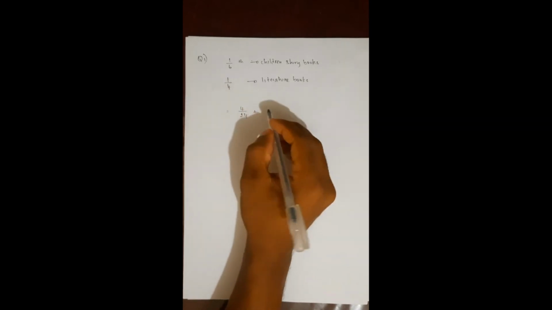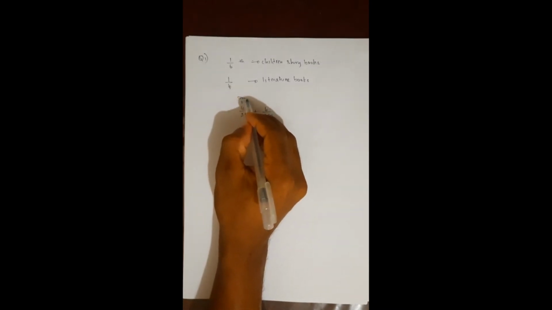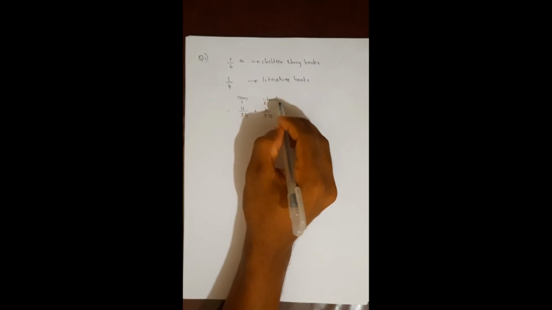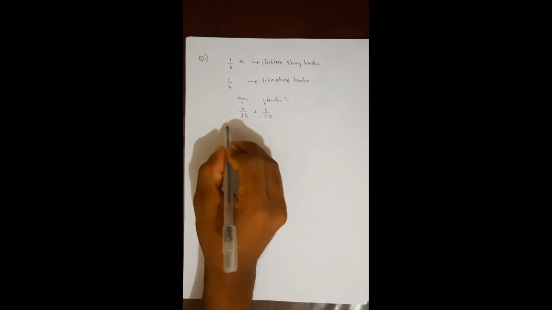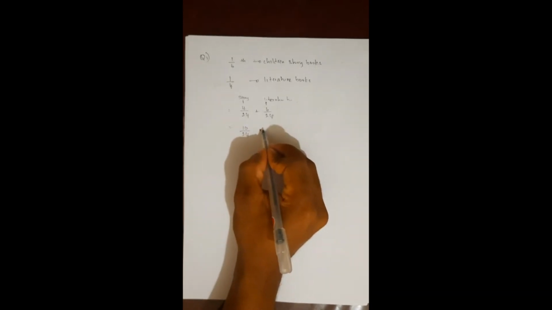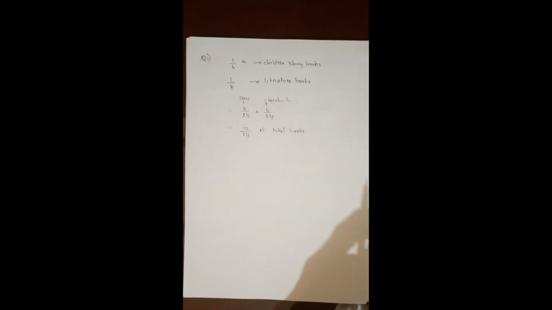If you multiply by 6, we get 6 over 24. So this is the storybooks and this is the literature books. That would be 10 over 24 of the total books given to the village school. So get this idea before moving into the question.